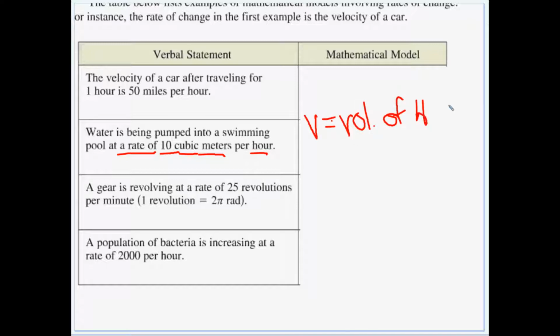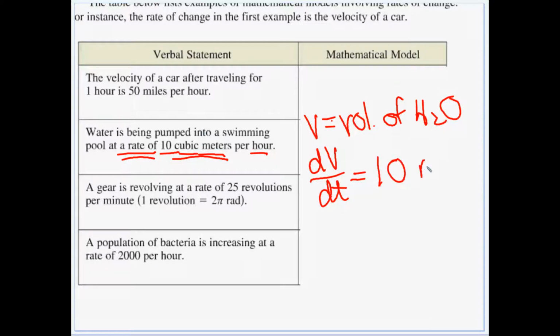How much water's in the pool? And then we've got it's being pumped in at a rate of 10 cubic meters per hour. Well, that sounds like how the volume is changing. If we're pumping water in, the volume is changing. dV, the change in the volume, dt with respect to time. And that's equal to 10 meters cubed per hour.